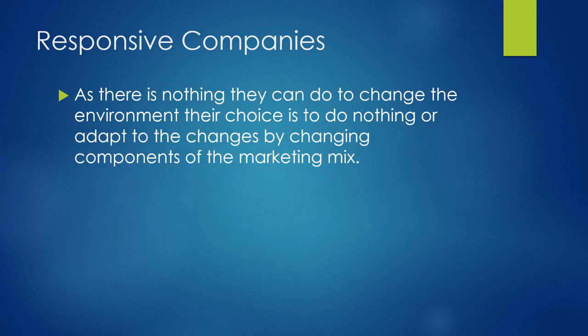What can responsive companies do? Because there is nothing they can do to change the environment, there are some choices that they can consider: adaptation to the change by changing the components of the marketing mix.